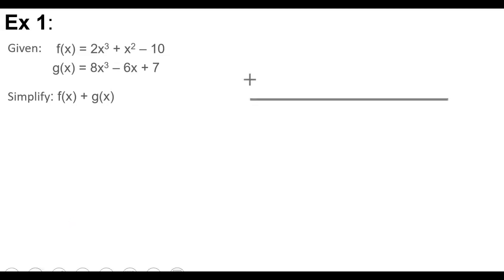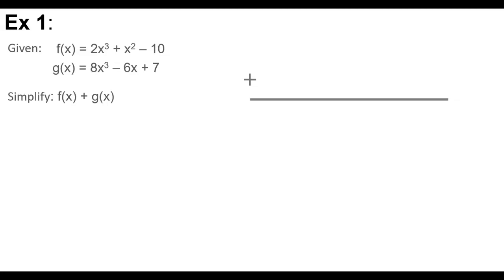Now, here's the way the notes want you to do it. They want you to write this on top of this, off to the side, or down below on your paper, and you're going to line up all of your degrees. So your third power is going to be in a row, second power, okay? But let's notice something. Look at the first f of x. We got 3, we got 2, and we're missing x. On the second one, we have 3, and we don't have 2, 1, 0, okay?